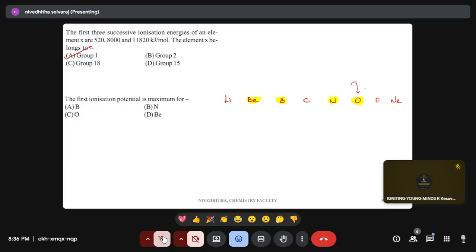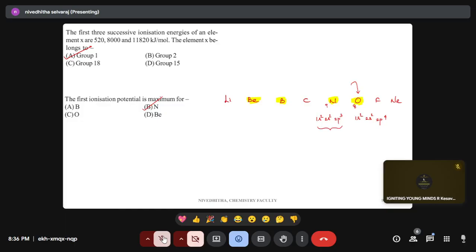But the actual answer is nitrogen, because see, the electronic configuration of oxygen is 1s2, 2s2, 2p4, and for nitrogen it is 1s2, 2s2, and 2p3. Though the effective nuclear charge is greater for oxygen, the electronic configuration of nitrogen is a half-filled configuration.